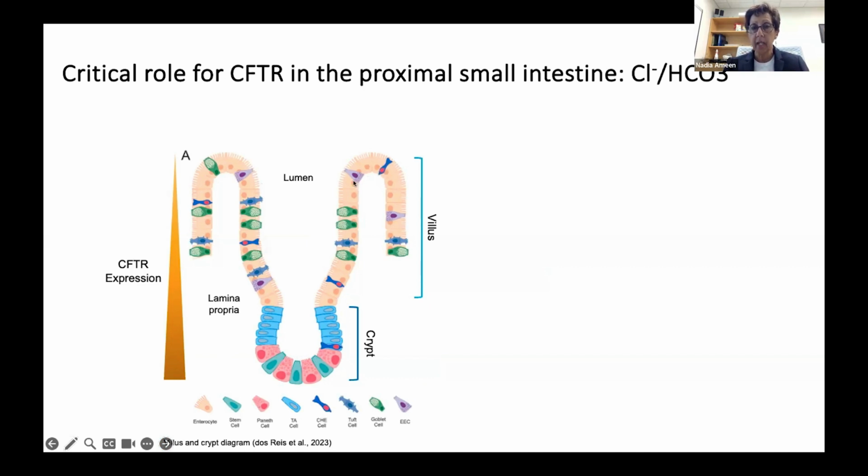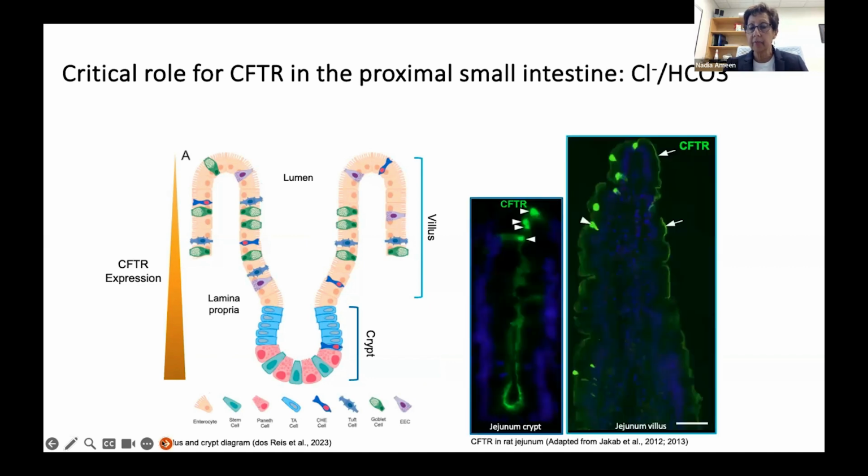Here you can see an enteroendocrine cell, goblet cells, transit amplifying cells, and Paneth cells, which secrete antimicrobial peptides. What we showed before is higher levels of CFTR in the crypt in the jejunum, and as the cells migrate up the villus you see less CFTR, except for the high levels in these cells.